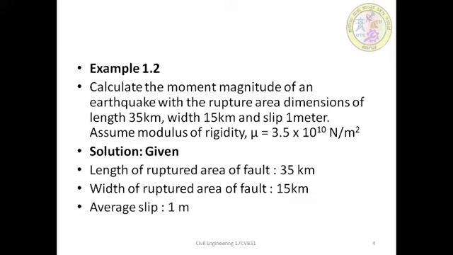Now let us see the given data. So here the length of the rupture area of the fault is 35 kilometer and width is 15 kilometers. So the area of that fault is 35 by 15, and the average slip that takes place is 1 meter. So this is the given data.